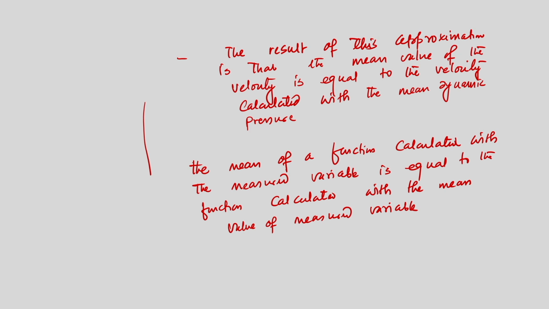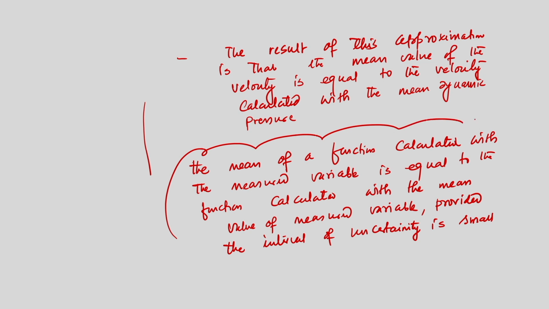So, that is why I was doing this exercise, that from this typical example we have been able to show that the mean of a function calculated with the measured variable is equal to the function calculated with the mean value of the measured variable, provided the interval of uncertainty is small, right.